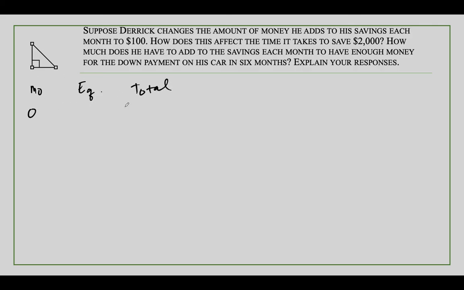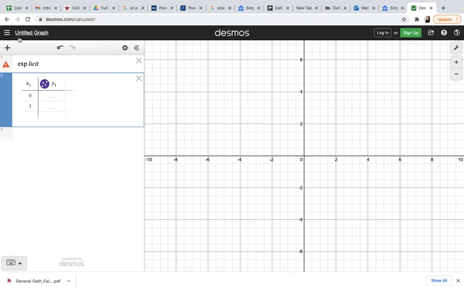So month is 0, we have $200. Month 1, it's going to be just like before, 200 times 1.1, then plus 100 this time.